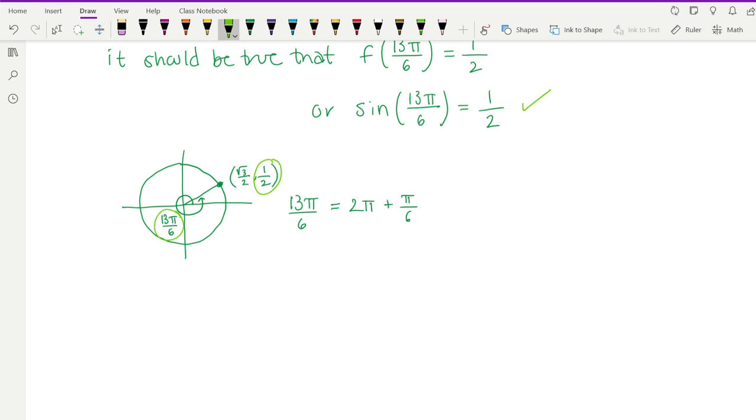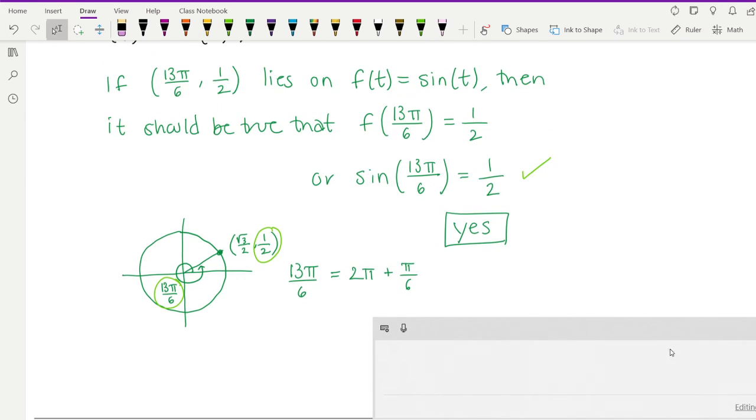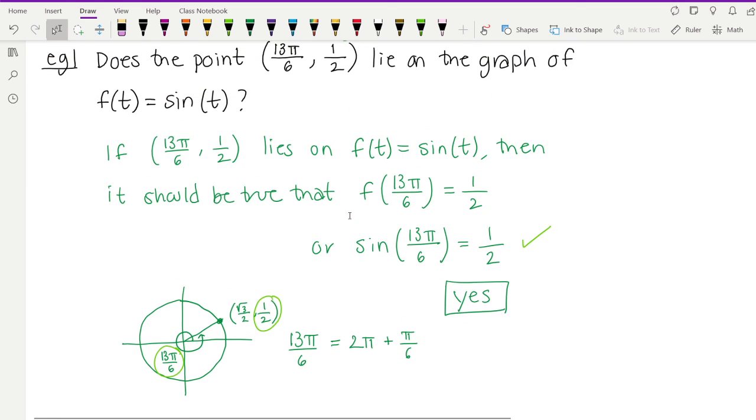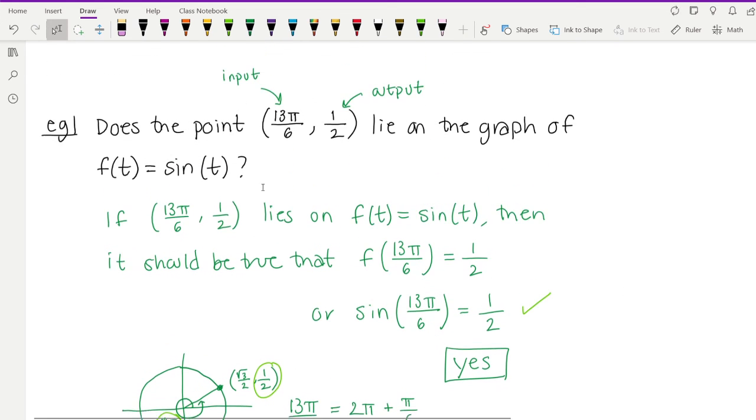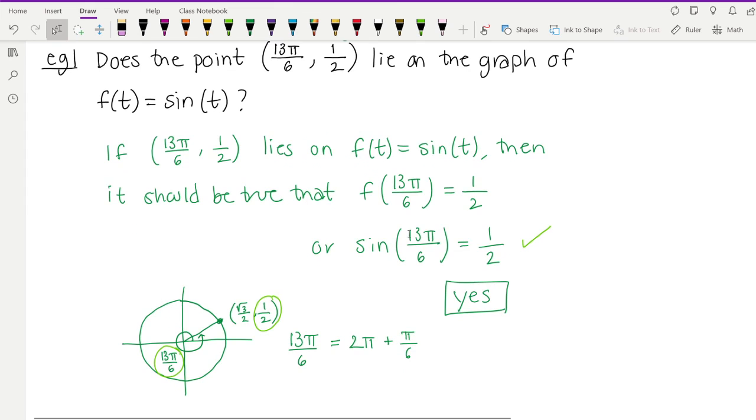So we can say, yes, it is true. Again, it's just like any function. How do you check whether a point lies on the graph of a function? You just plug that point in. In this case, that involves evaluating sine of an angle and figuring out whether we get the required y-coordinate or not.